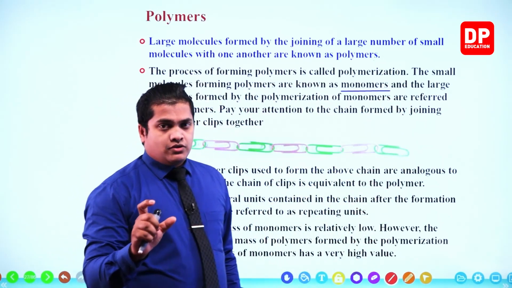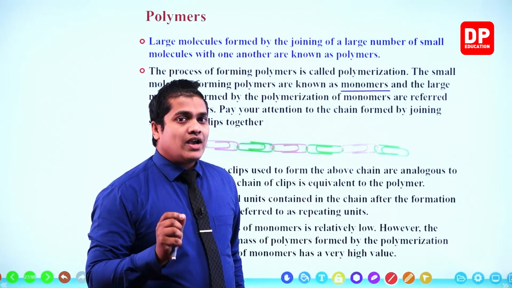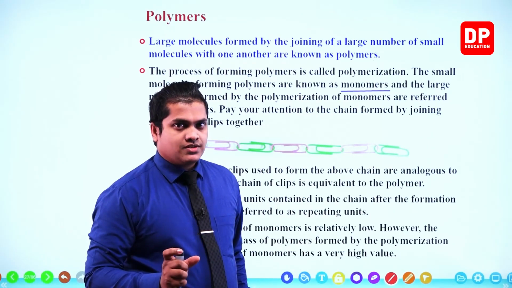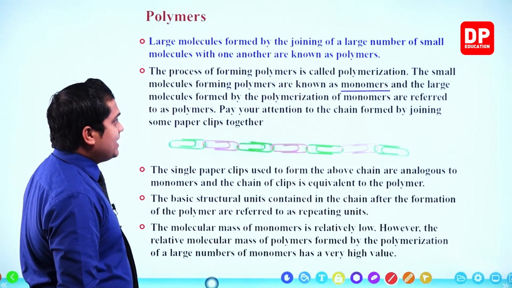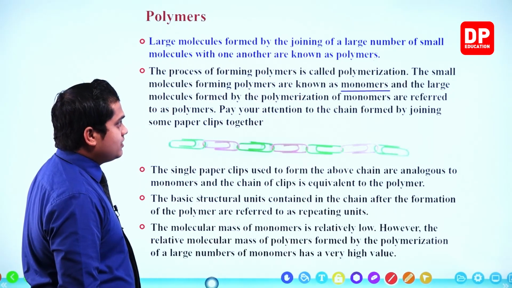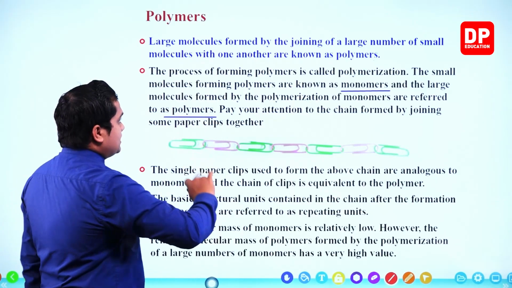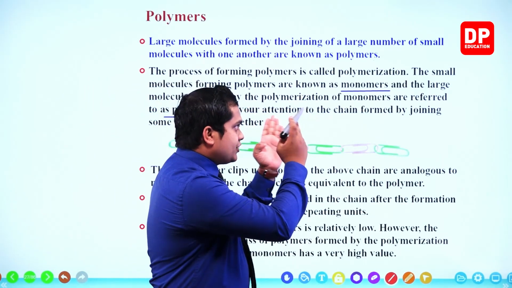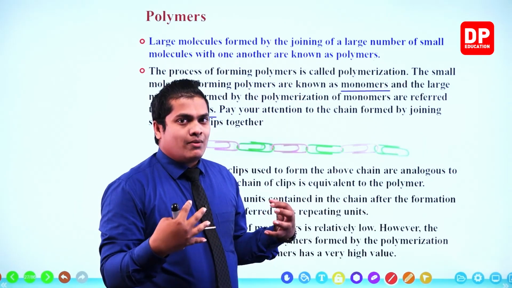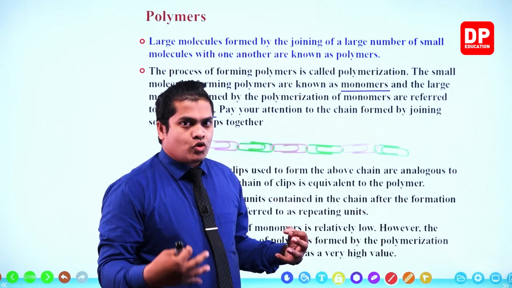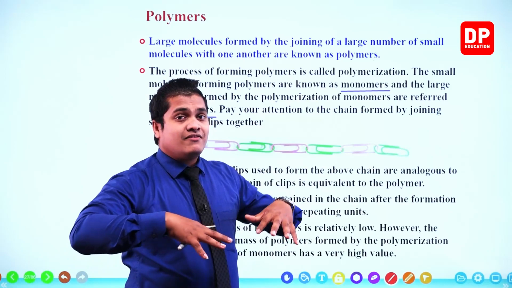The smaller molecules which are used to create polymers are referred to as monomers, my dear children. And the large molecules formed by the polymerization of monomers are referred to as polymers. After the polymerization of monomers, the polymer is getting created. So, the polymer is the very large molecule.